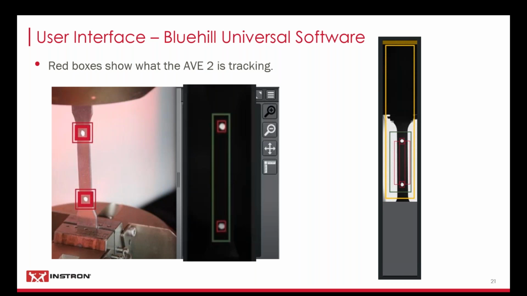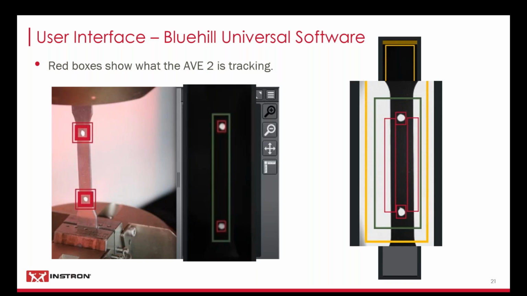The new AVE 32 feature uses the same idea. The red boxes show you where it's tracking. So it finds the axial marks, and then it creates these transverse edges between those marks, and it uses those as the endpoints.